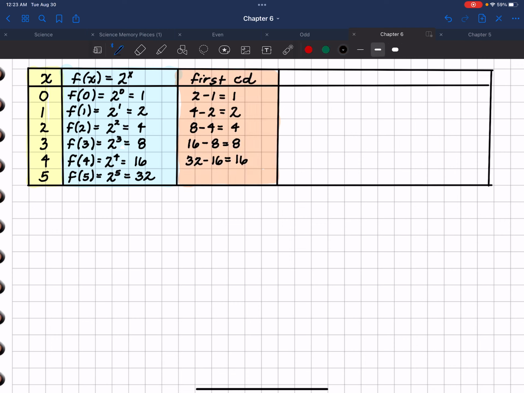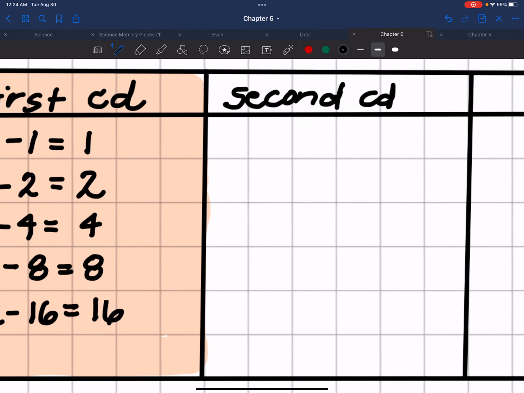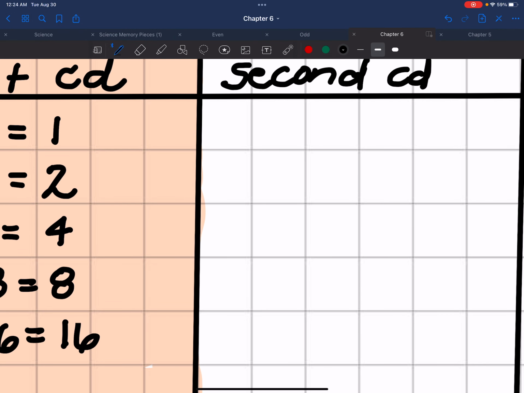That was the first one. So here's the second consecutive difference. Okay. So really all I need to see is this set of numbers.